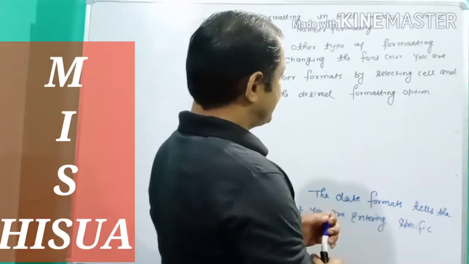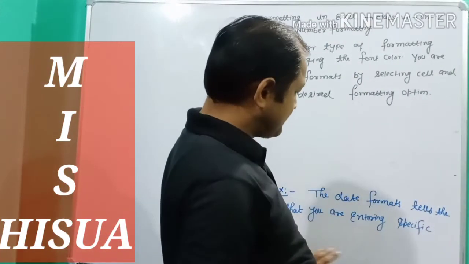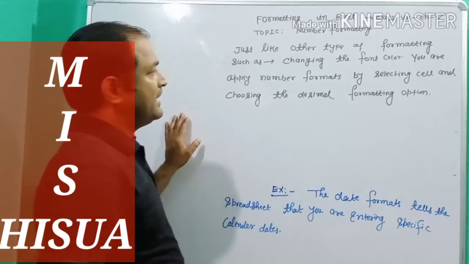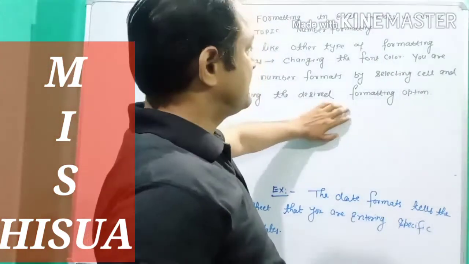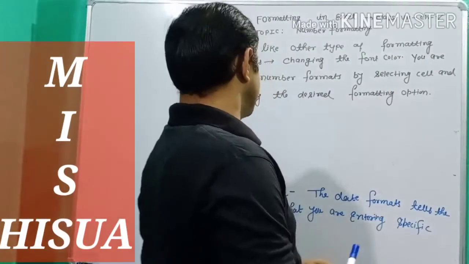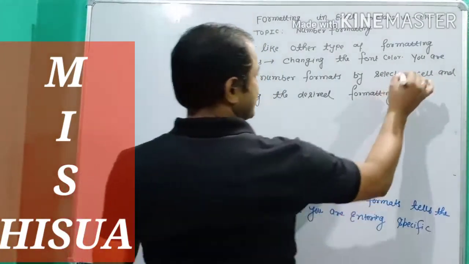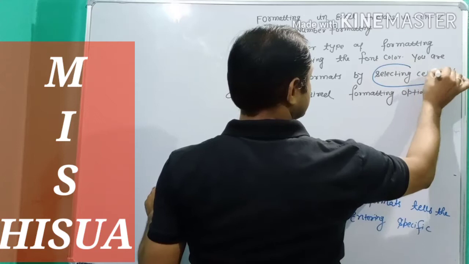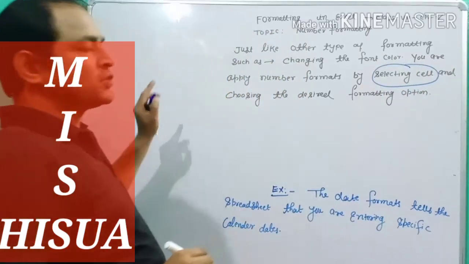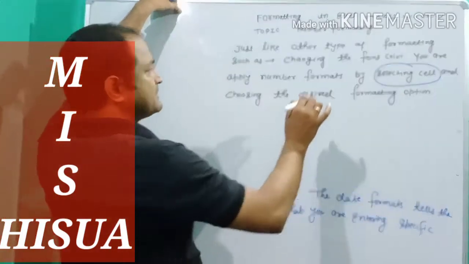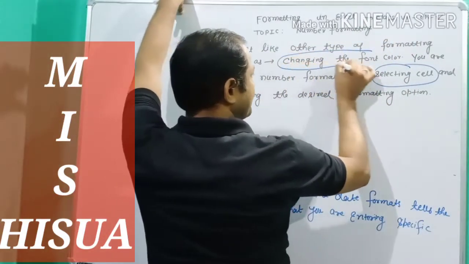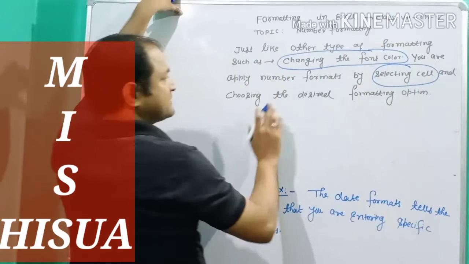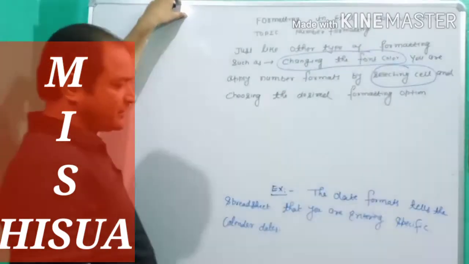For the number format, I gave the example of the date format. First of all, you select the cell. Without selecting the cell, the number format cannot be used. So number format is another type of formatting, like changing the font color, and it is the desired formatting option.